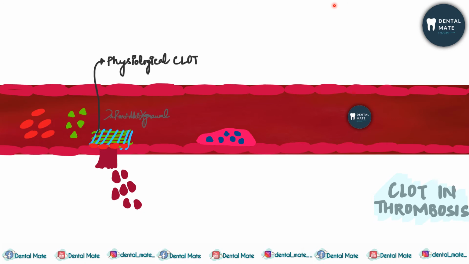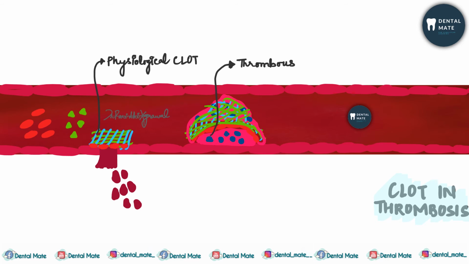But we must remember that this abnormal clot also stimulates platelets and clotting factors such that clot formation is enhanced. So this is a thrombus, and because the thrombus attracts the clotting factors and platelets towards it, we can see that the clot has enhanced.